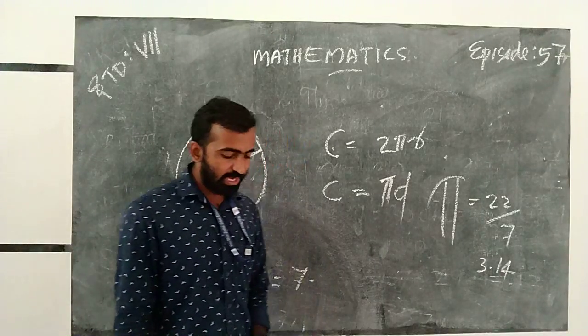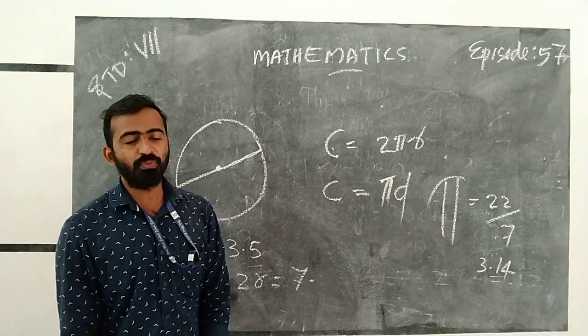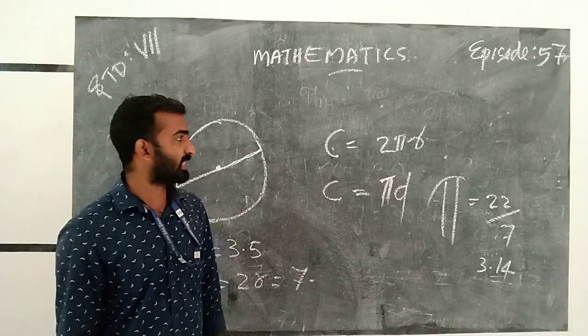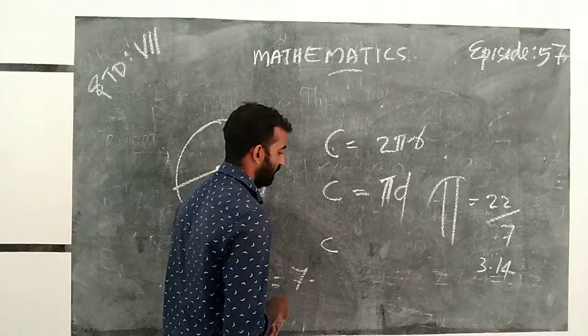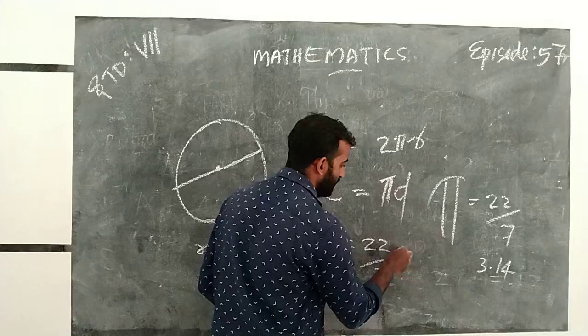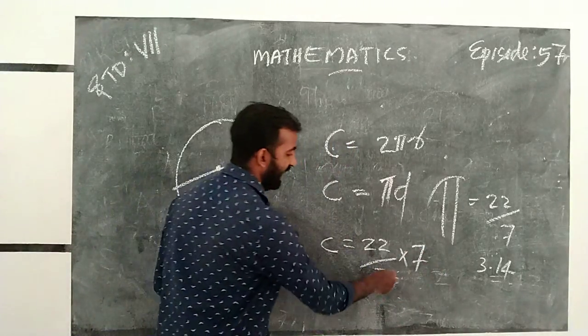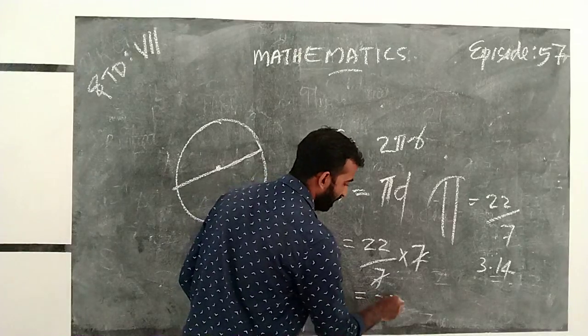And we can find the circumference as C equal to 22 by 7 into 7. That is, the diameter is 7. So we get 22.